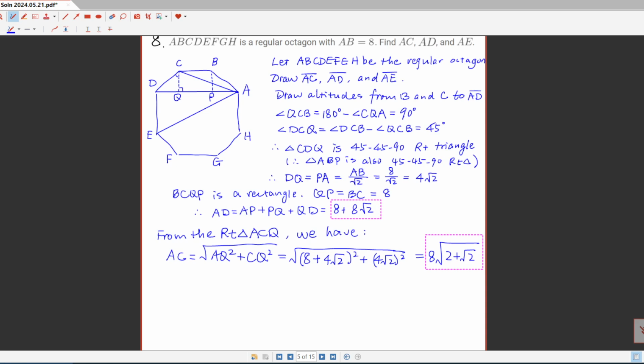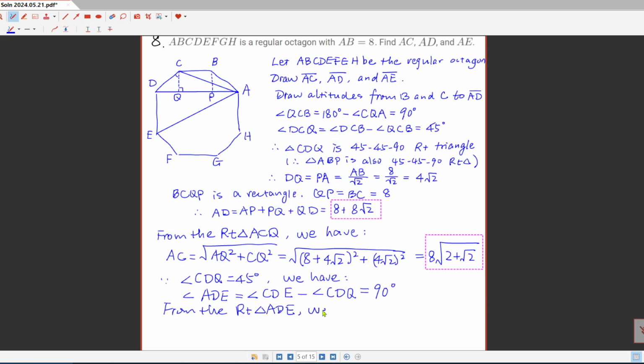And then let's find AE. So since angle CDQ is 45 degrees, we have angle ADE is the angle CDE minus angle CDQ, and that gives us 90 degrees. And we can make use of the other right triangle. From the right triangle ADE, we can use the Pythagorean theorem.